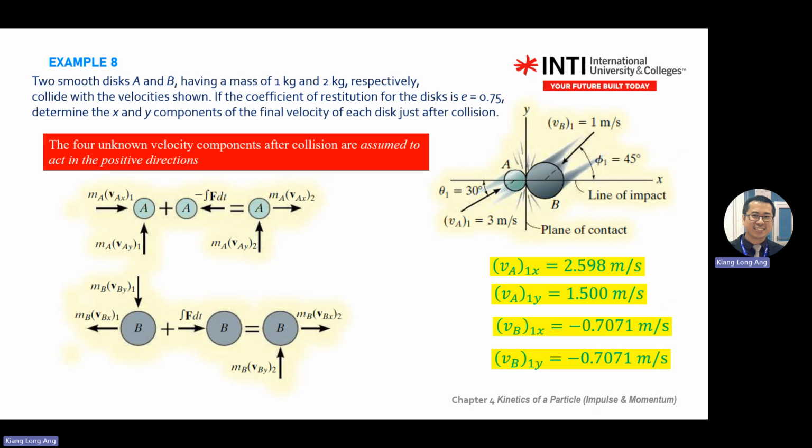In this case, when you split x and y, you look at individual bodies, not the same as the previous example 7. If you have an oblique impact, you need to look at individual bodies, and you solve by using the principle of linear impulse and momentum. In short, when you see oblique impact, you straight away use the principle of linear impulse and momentum, focus on individual bodies, and split them into x and y directions.